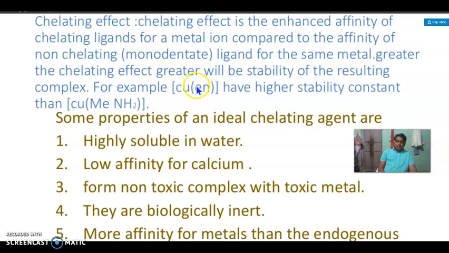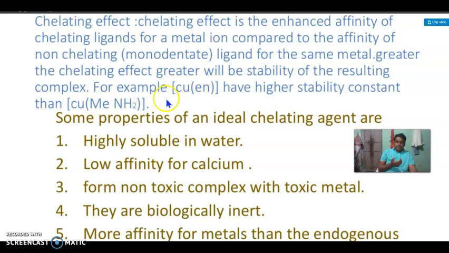For example, the copper ethylene diamine complex has a higher stability constant than the copper methylamine complex. Here, ethylene diamine is a chelating agent, a bidentate ligand; one ligand forms two bonds. In the other complex, methylamine is a monodentate ligand; one amine forms a single bond with copper.